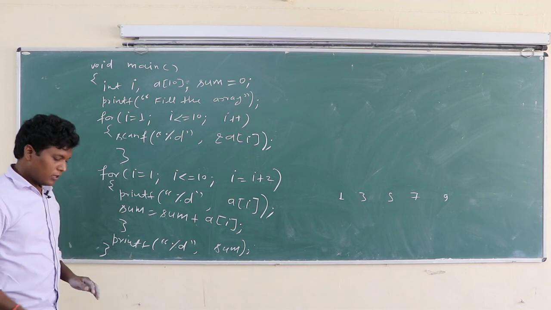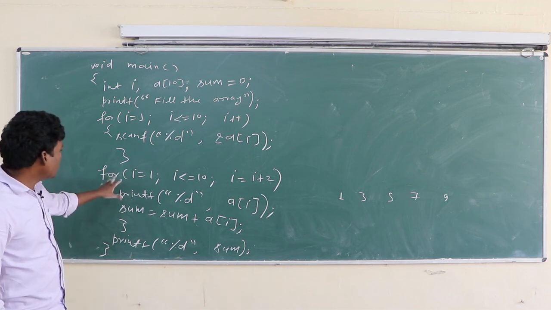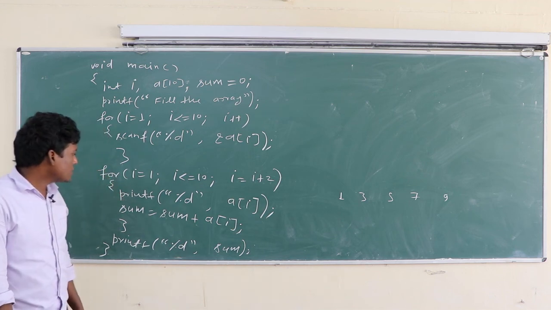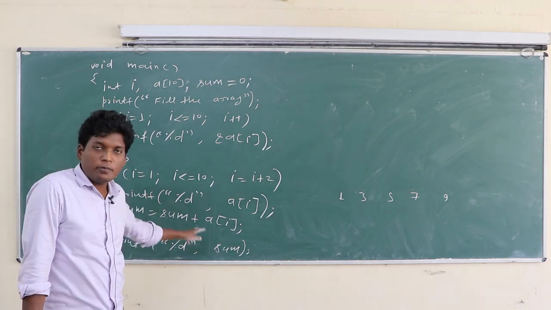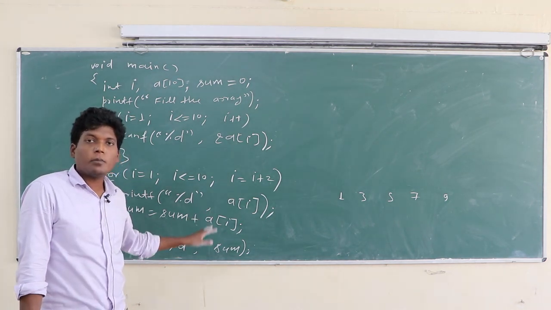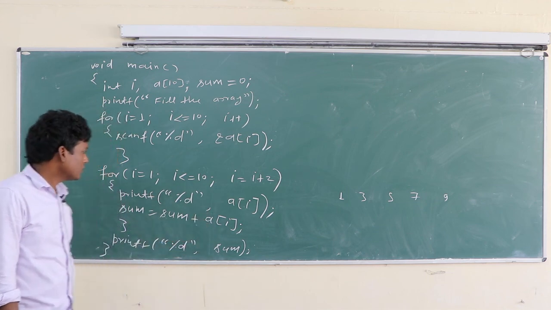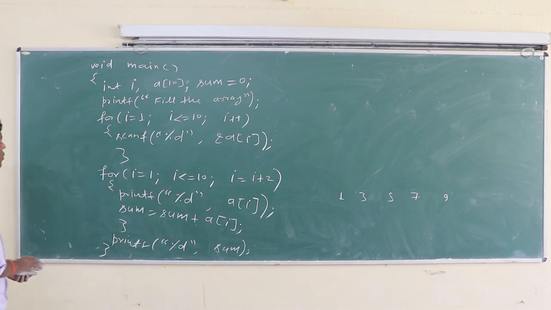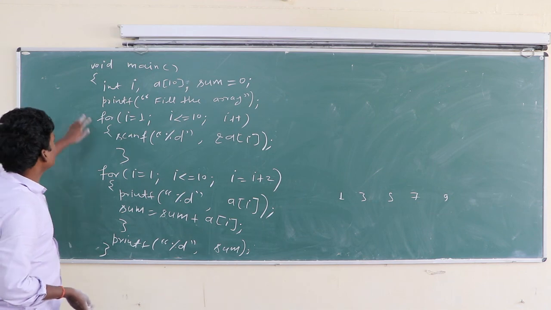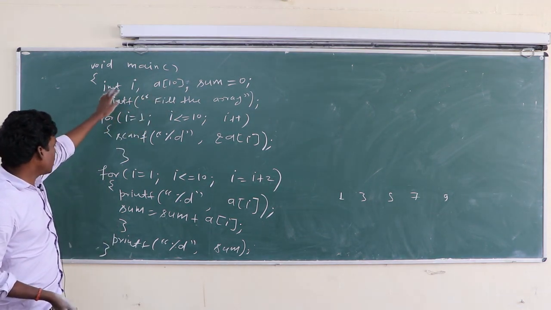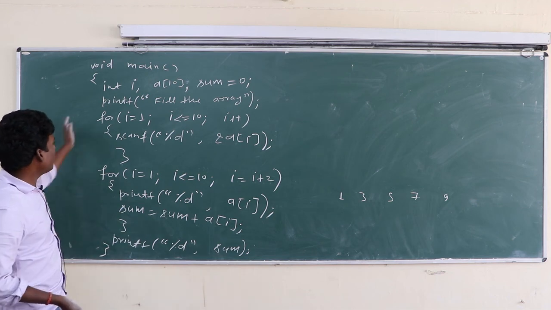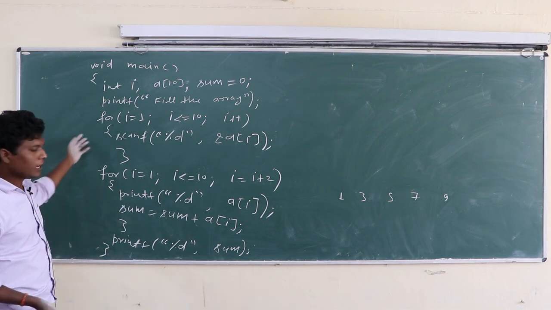So this program prints the odd position elements and calculates their sum. Okay class, this is the 1D array, a of 10, and this program is an implementation of a 1D array.